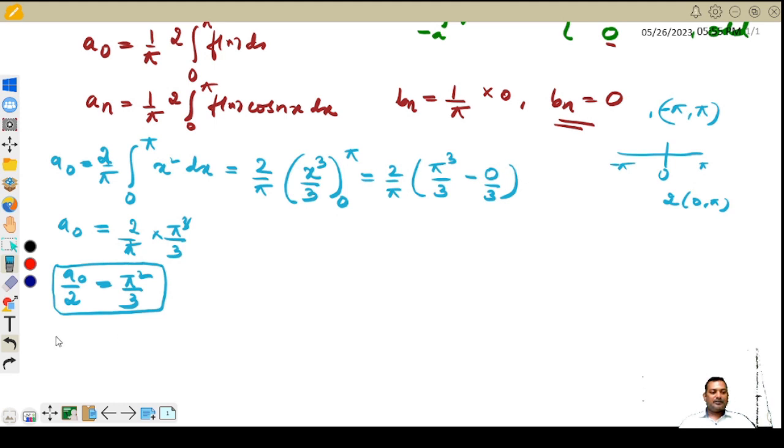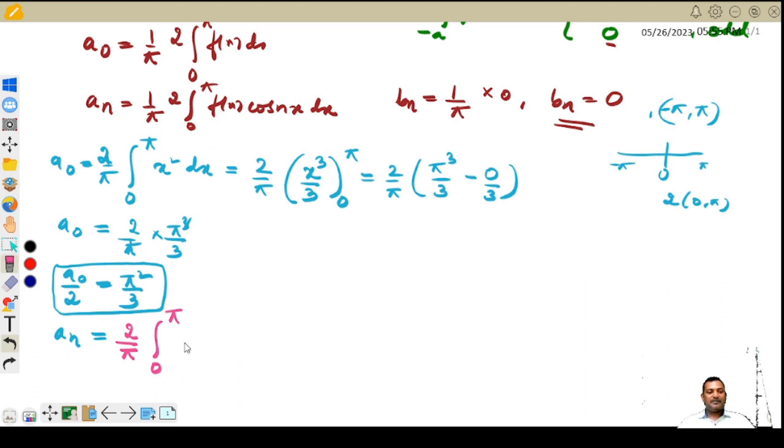So next we are going to find out an value. To find out an value is again 2 by pi, integral runs from 0 to pi. Students, you must remember that if you are not using the concept of odd and even function, you use the value of a naught, an, bn as previously expressed.